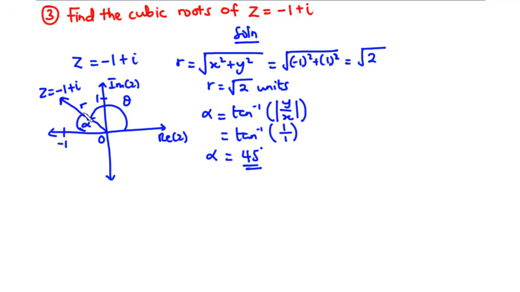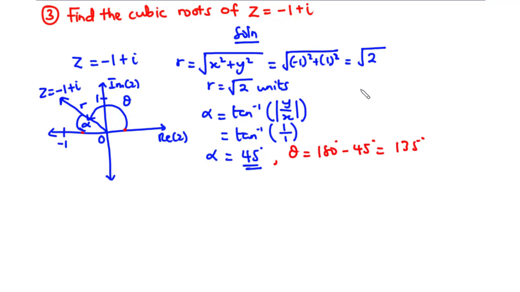Now, the full angle between the positive x-axis and the negative x-axis is 180 degrees. So we want to subtract the angle alpha from 180 to get the value of theta. Therefore, we have the angle theta to be 180 minus 45, and that is equal to 135 degrees.